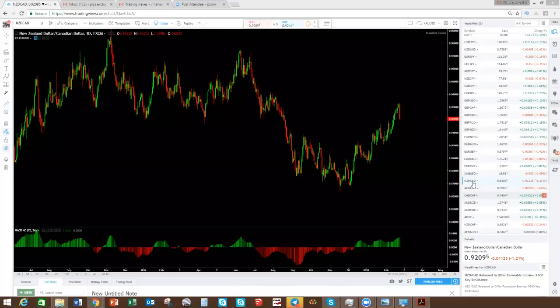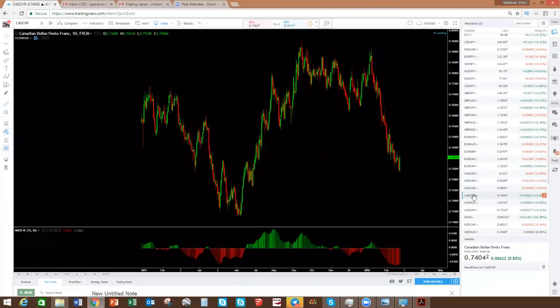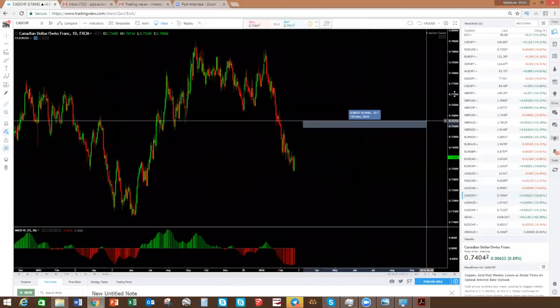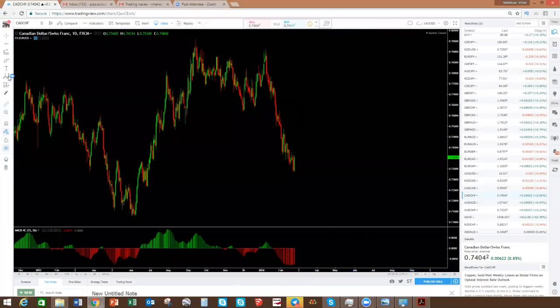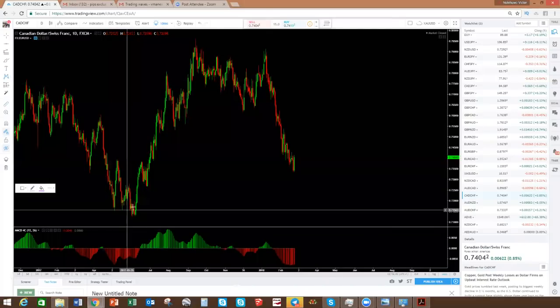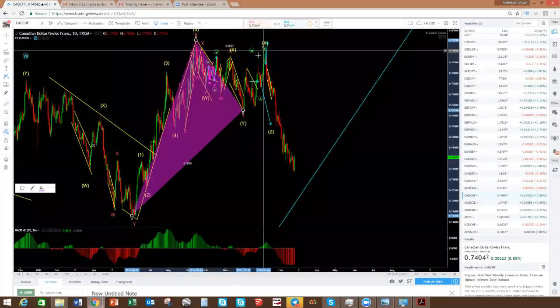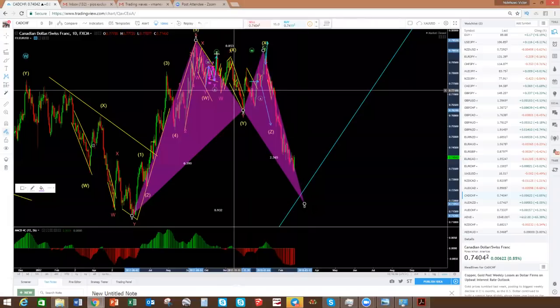That's CADCHF. If you like advanced patterns, there's a typical one here. It's a very nice one. You will look for a reversal on the 88.